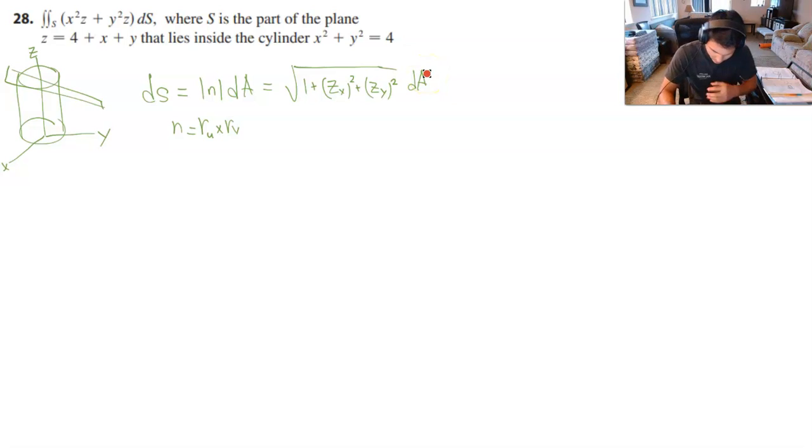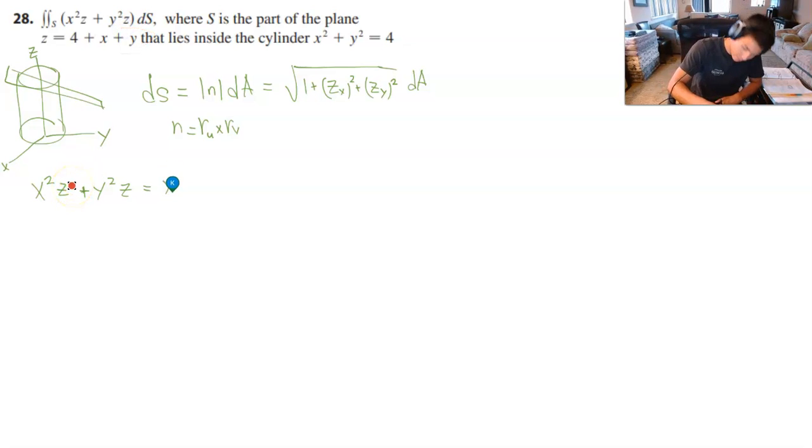Okay, before I write the integral, let me just write out the integrand. So x squared z plus y squared z. What does this mean? It means we're going to use a substitution for z. So it's going to become x squared times (4 plus x plus y), plus y squared times (4 plus x plus y).